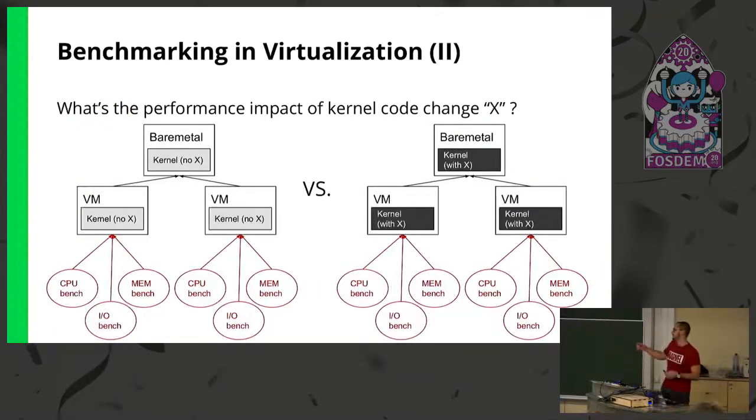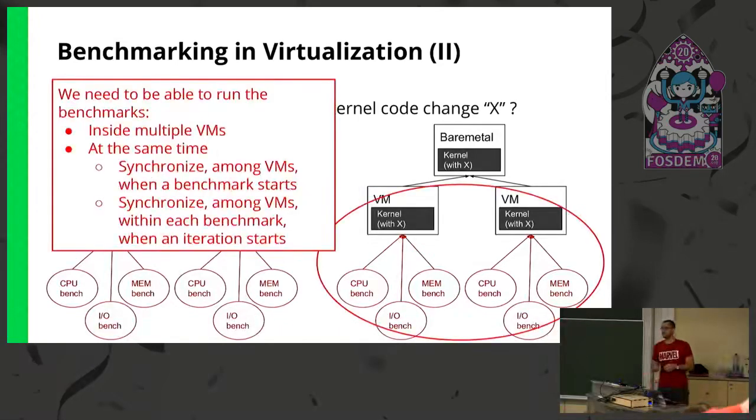And so now you have to rerun your benchmark not only in all these different use cases, but also in multiple virtual machines, and most of the time at the same time. So basically what you would need is some tool that would help you, as for example the developer of such a change, to run benchmarks inside virtual machines. That's the first thing.